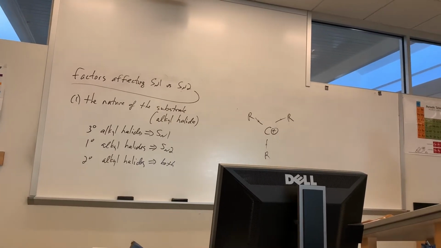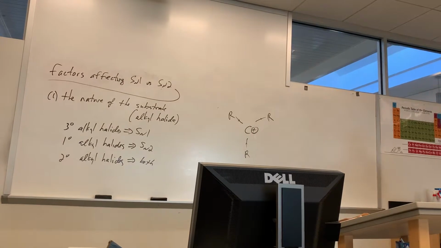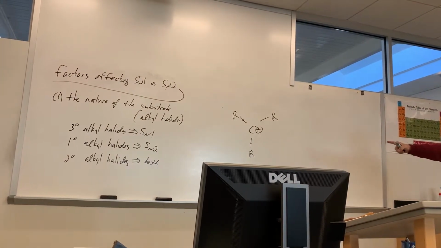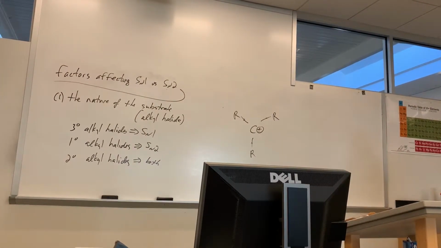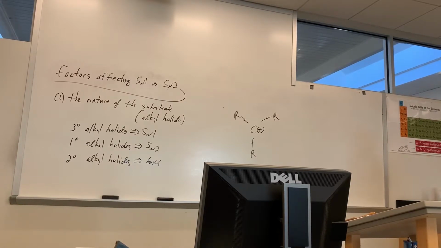But how about the notion of the fact that primary guys don't form carbocations well? Is that a factor in their preference for SN2?